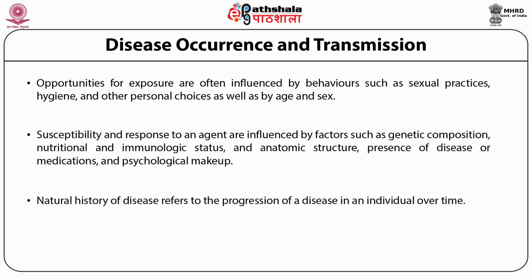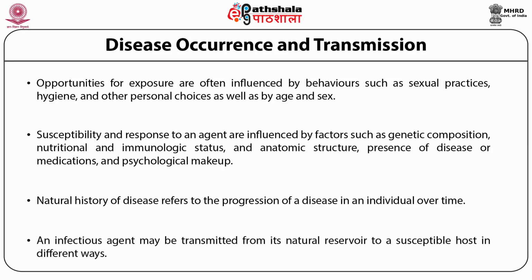Natural history of disease refers to the progression of a disease in an individual over time. Many diseases have a characteristic natural history, although the time frame and specific manifestations of disease may vary from individual to individual and are influenced by preventive and therapeutic measures.